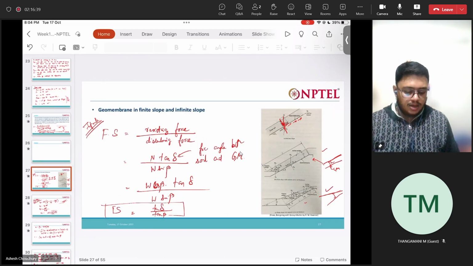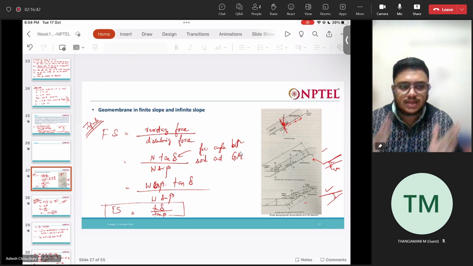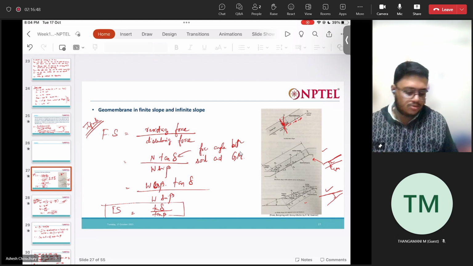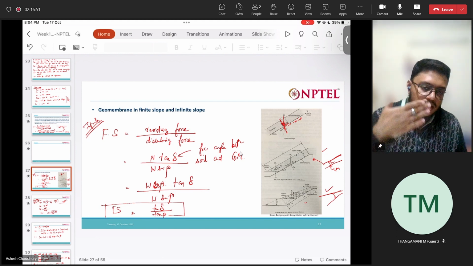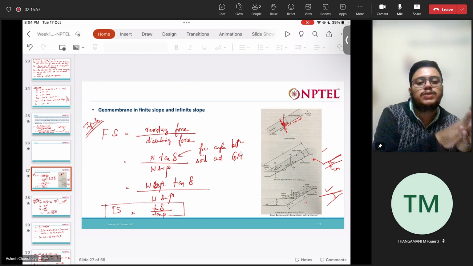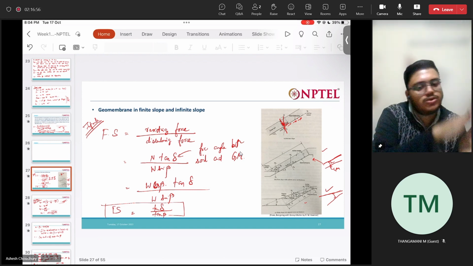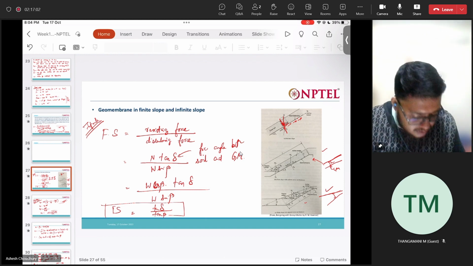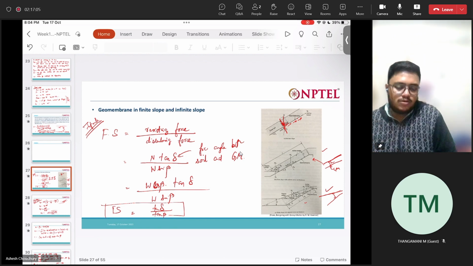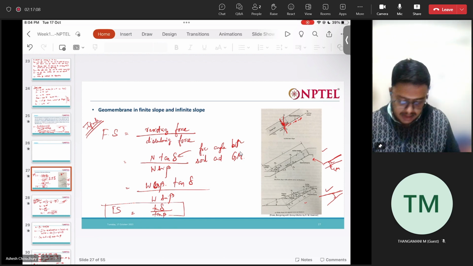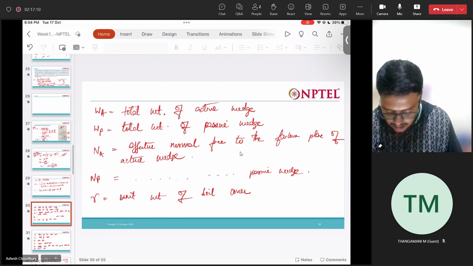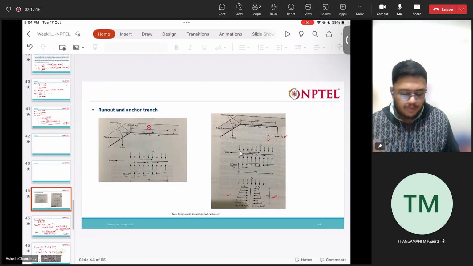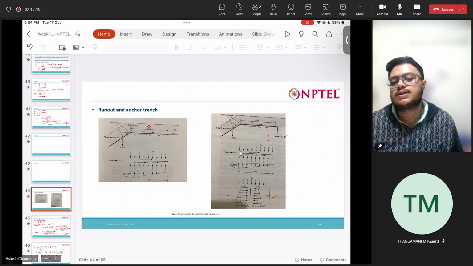After that, we saw the factor of safety of the slope of the landfill. There were infinite slopes and finite slopes. For infinite slope, there were two cases: uniform covered soil and tapered covered soil. And if you want to increase the factor of safety further, you can use a geogrid; we saw how with the help of geogrid you can increase the factor of safety more. At the last, we discussed the run out length and the end curtains.